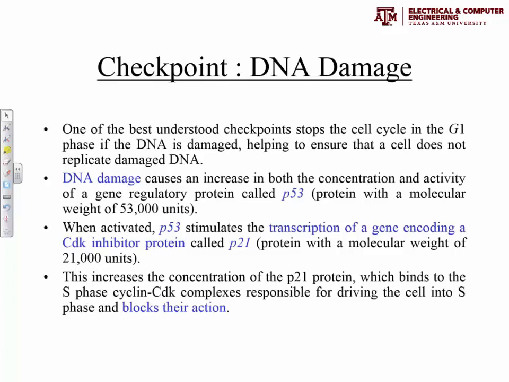And when the concentration of P21 increases, the P21 protein will bind to the S-phase cyclin-CDK complexes responsible for driving the cell into S-phase, and it will block their action. So it will delay entry into S-phase. It binds the cyclin-CDK complexes that are responsible for getting things into S-phase, blocks their action, and delays it until the DNA can be repaired. That is one activity of the P53 gene.